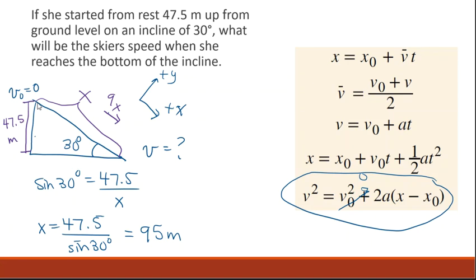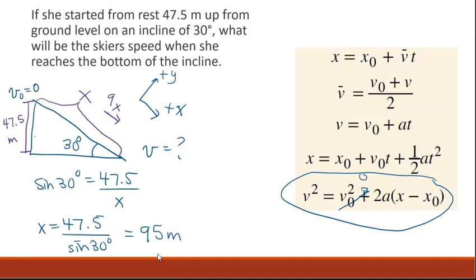How do I find this x distance here? It's just trig, right? Sine of 30 degrees equals opposite 47.5 over hypotenuse, x, this x distance, to find x. So x equals 95 meters.